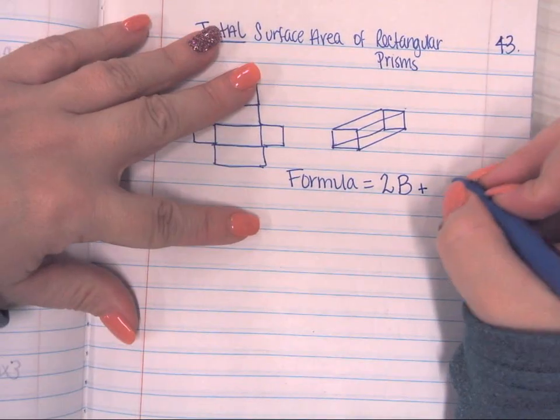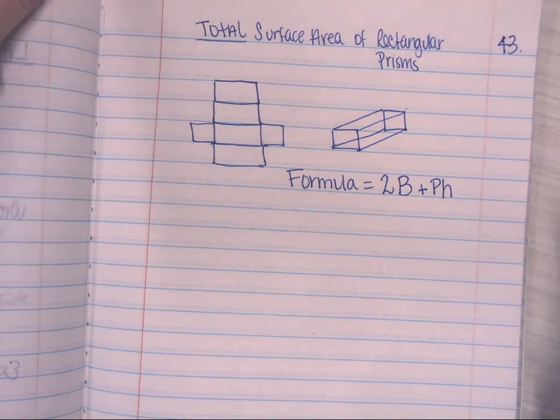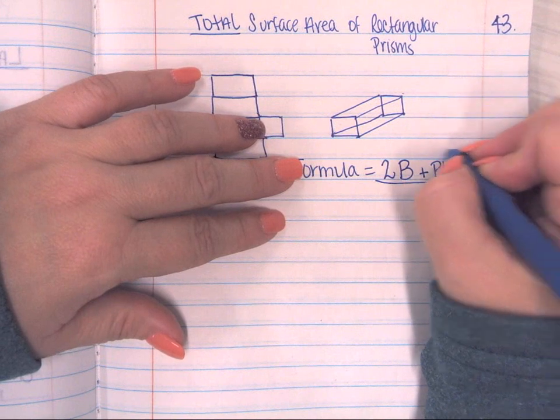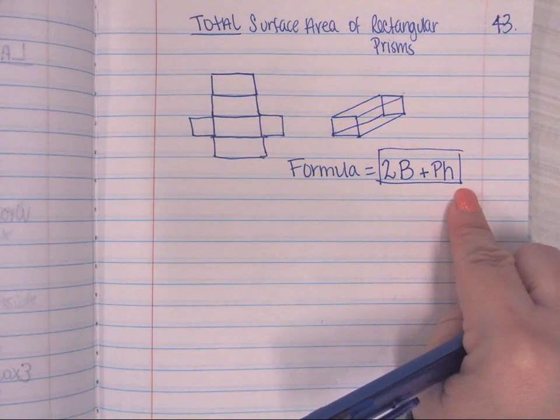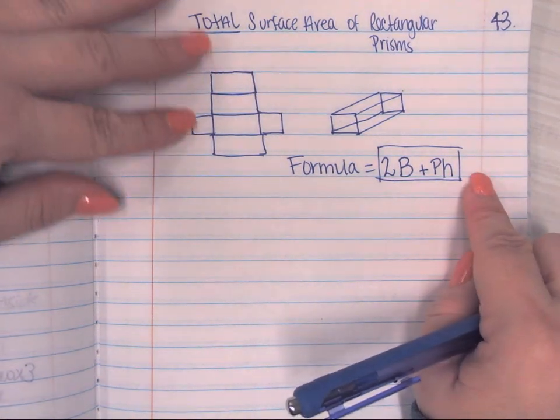So we're going to put in the formula of lateral surface area. Our formula for total surface area is 2 area of the base plus perimeter of the base times the height.